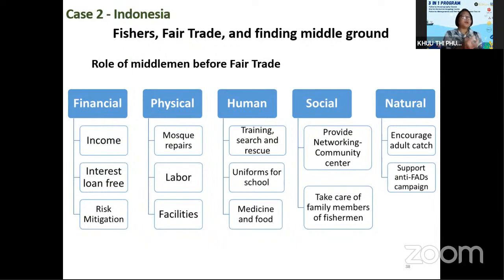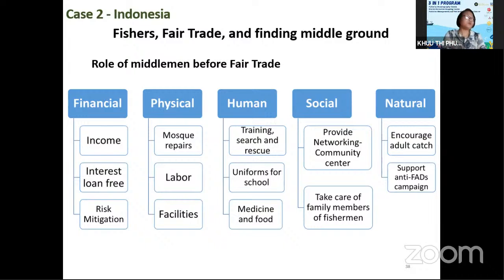For financial resources, they can provide loans. For human capital, they can give labor to fishermen, provide training, and provide school uniforms. For social capital, they have a network to communicate with the center, and they take care of fishermen's family members when the fishermen go fishing.